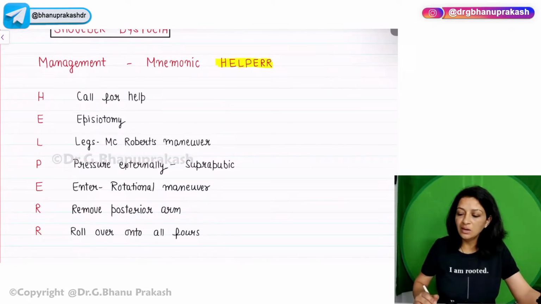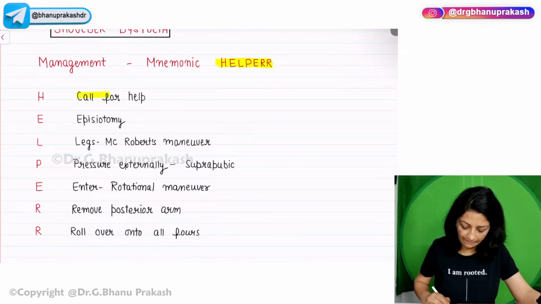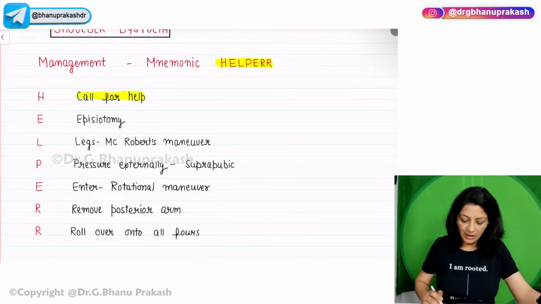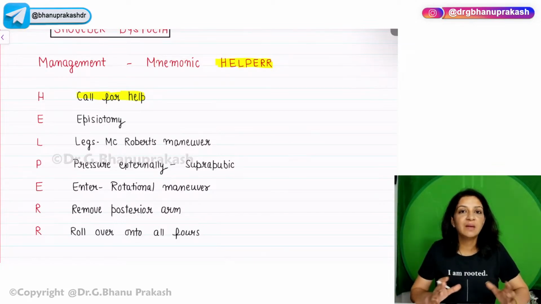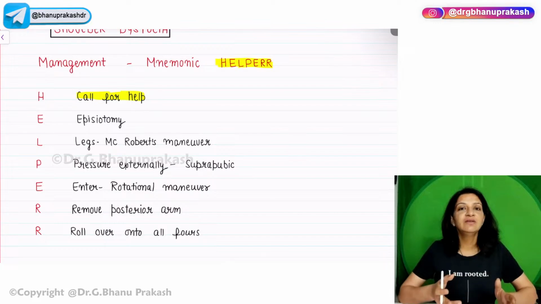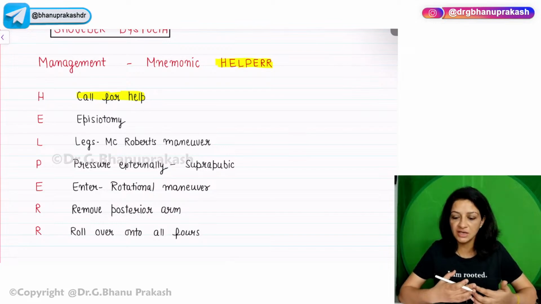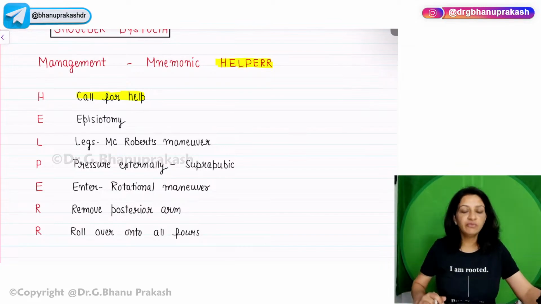H means call for help. If there is shoulder dystocia, you can't manage the patient alone, because if the shoulder is not delivered, chest compression will happen, cord compression will happen, fetal hypoxia will happen. So call for help.